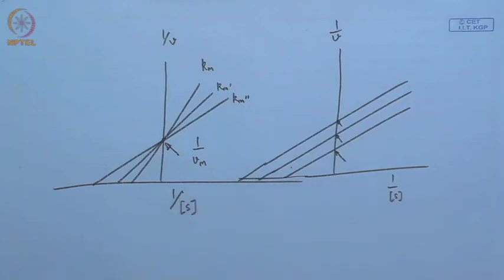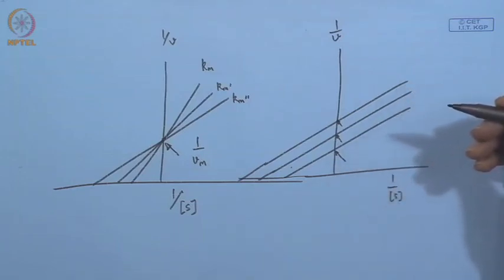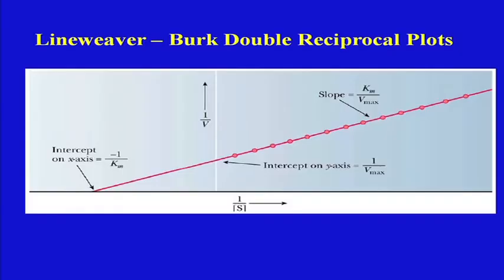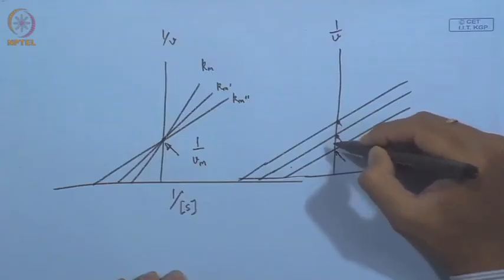This is because the slope is same, but the relative magnitude of Km and V max will determine where it goes.